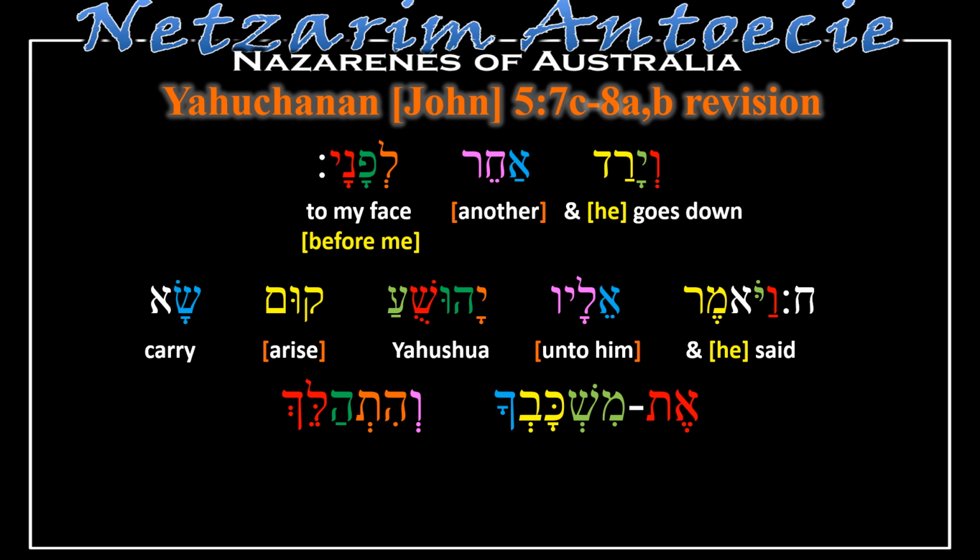Et, grammar marker, mishkavcha, your bed, your bedding, uhalech, and walk. It's like a hifil, like a cause to walk, so it's almost like an imperative statement. Your bedding, and walk.